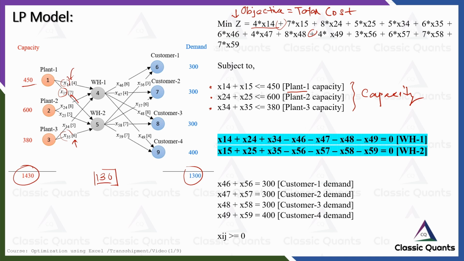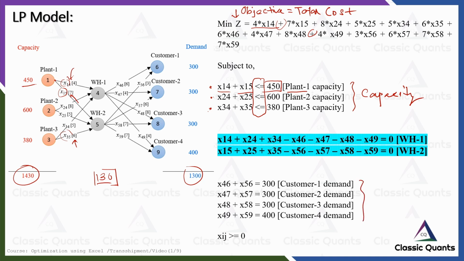That is not required, and so therefore we know that our total capacity will not be fully consumed, and so we will use the less than equal to type constraints in case of capacity constraints. So that is why x14 plus x15, that is the total units that are sent from plant 1, that should be less than or equal to 450, which is the capacity of plant 1, and similarly for the other two.